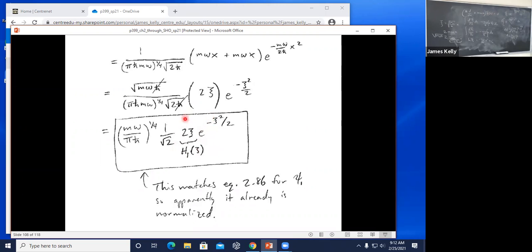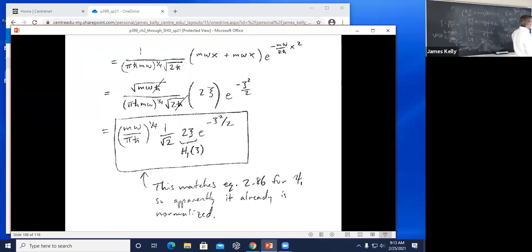The 2xi is known as the first order Hermite polynomial. It's a polynomial as a function of xi. Whenever you see these subscripts, it's a Hermite polynomial, that's what the H stands for. The subscript tells you the order of the polynomial. This is a first degree polynomial, right?